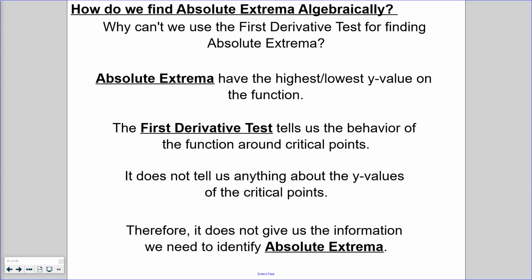It doesn't tell us what we need to know. It doesn't tell us what our y values are at those critical points. So since the first derivative test does not tell us anything about the actual heights of the functions, we can't use it to identify the absolute extrema, because absolute extrema exist at the highest and the lowest y values.